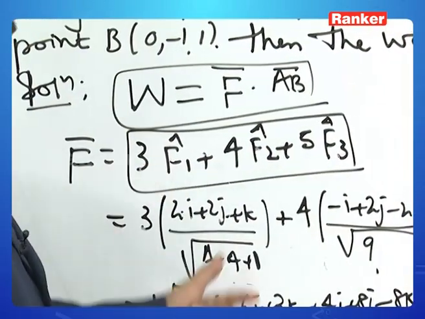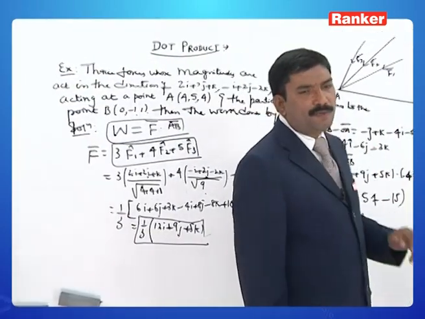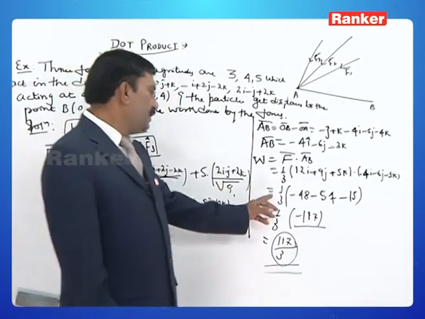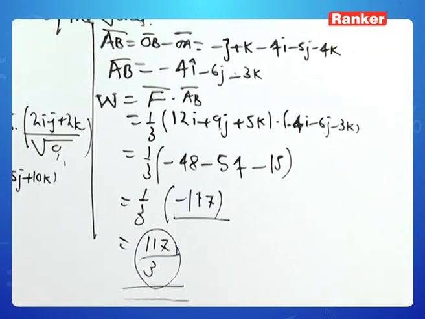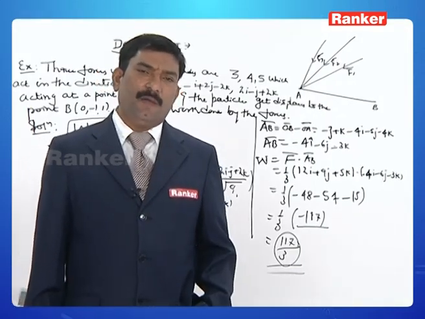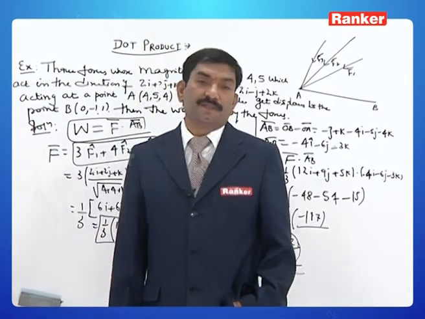Substitute the values, simplify, we get F bar. AB bar means distance, OB minus OA. Take the dot product. That gives the work done by the 3 forces when 3 magnitudes are given. I mean, you see, students, we come across 3 situations.